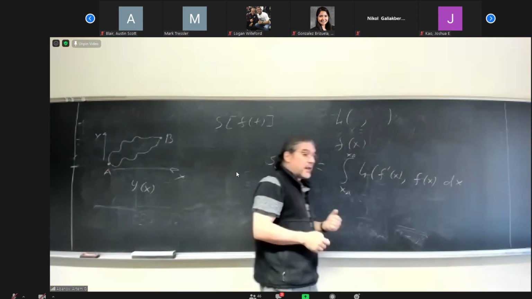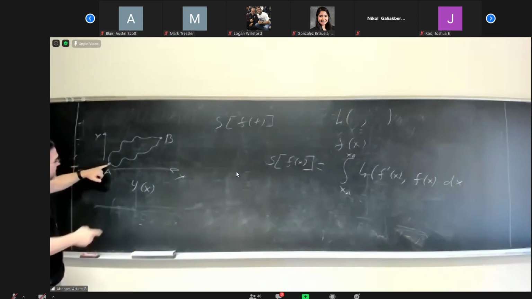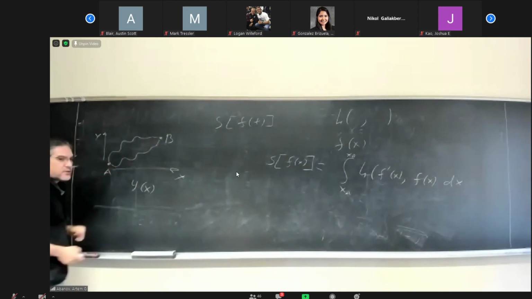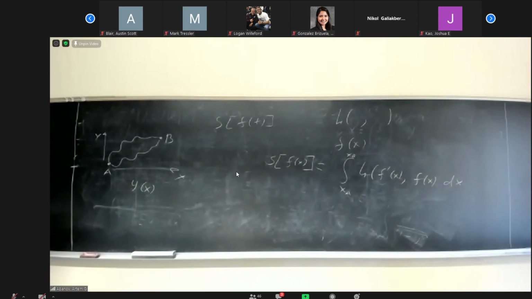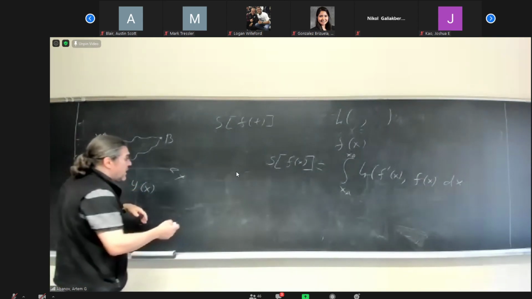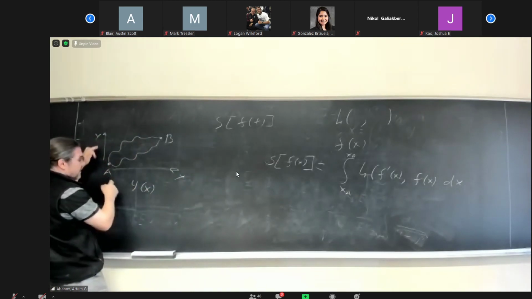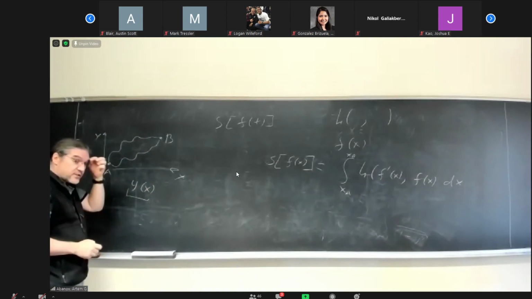Now imagine that I want to find the path which has the shortest distance going from A to B, and that's exactly something we discussed before. Then I need to compute the length of the path for each of those functions.